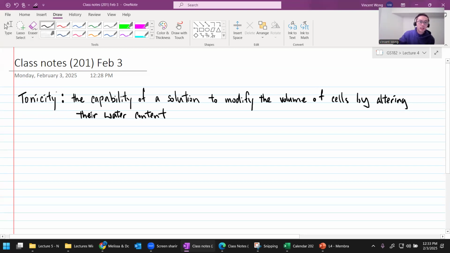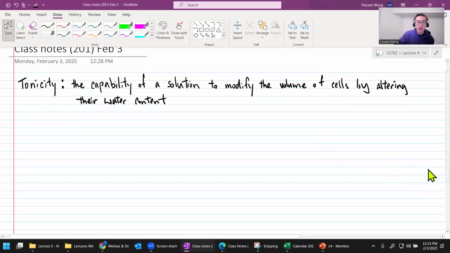Okay. So I'm gonna show you 3 scenarios, and I'm going to tell you how a plant cell would behave in these scenarios and how an animal cell will behave in these scenarios as well. So let's start with case number 1.